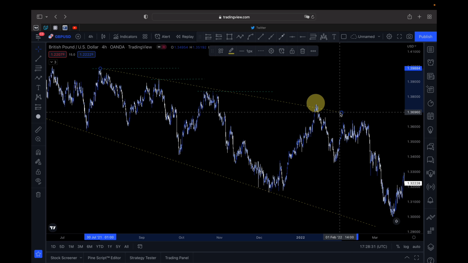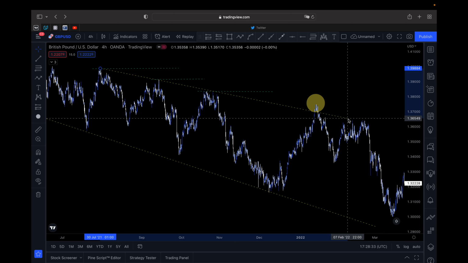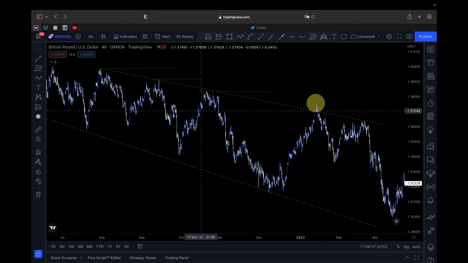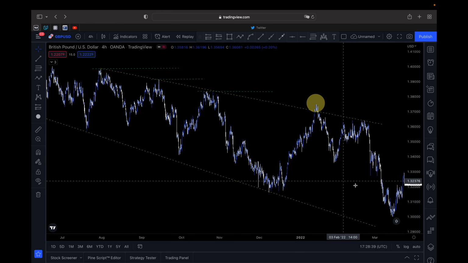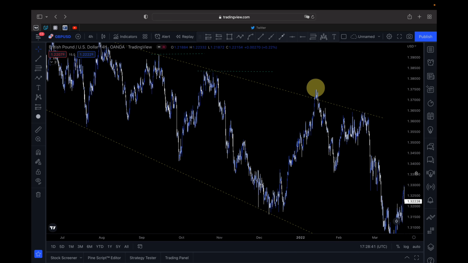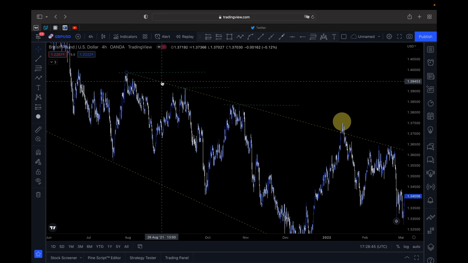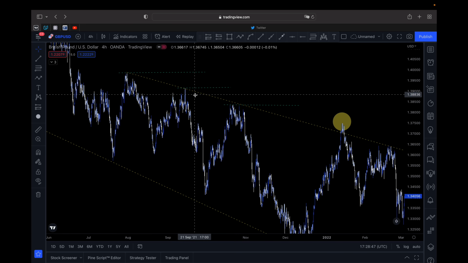How can you confirm your entry? There are factors that determine if a trendline will hold or not. So here, what am I looking at? The top of the trendline. This trendline is serving as a resistance level for me. What am I looking for here?